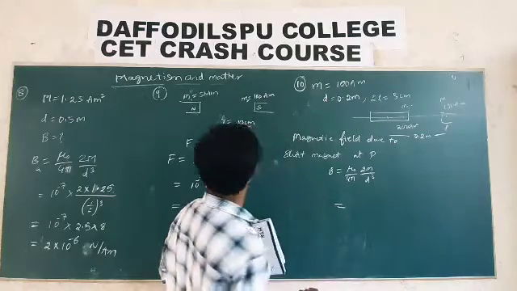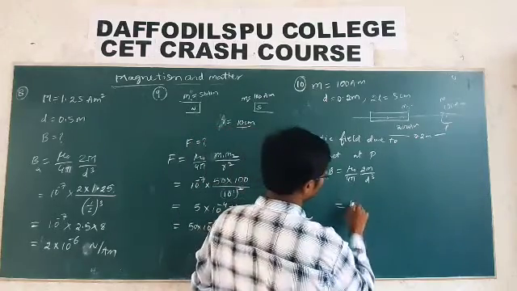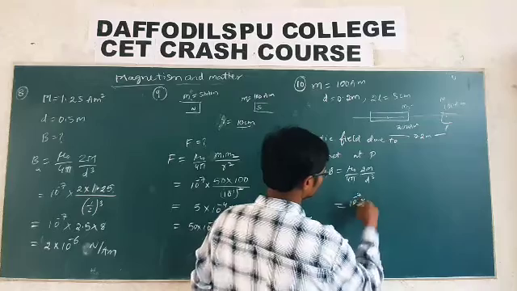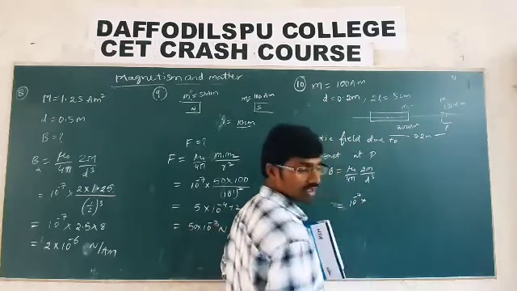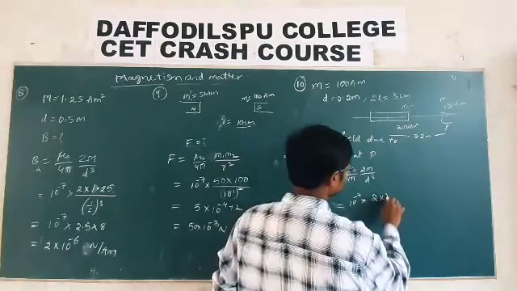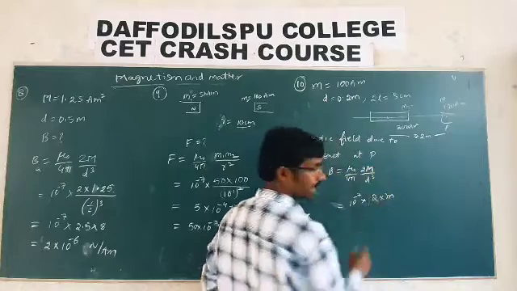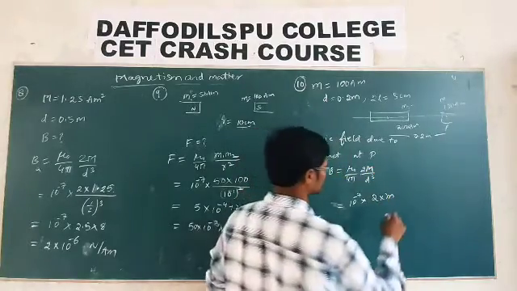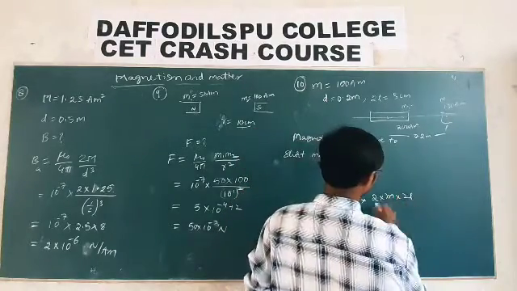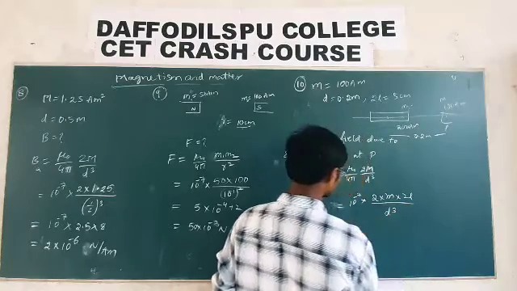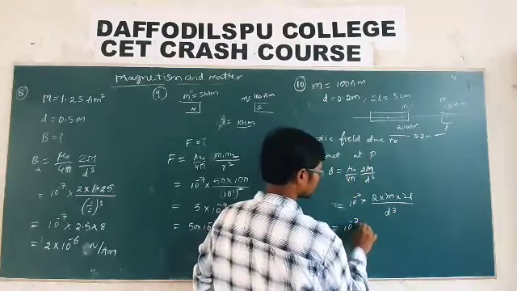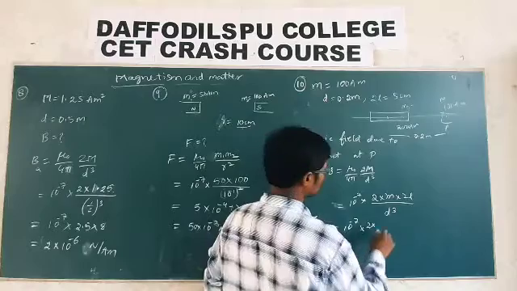But we need to find the force on this pole. F is equal to M1 into B, like Q into E, the force on a charge; similarly the force on a magnetic pole due to a magnetic field. Then F is equal to M1, which is 100, into the magnetic field due to that magnet.